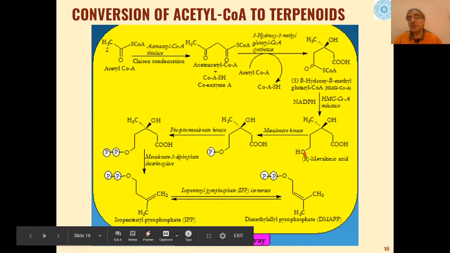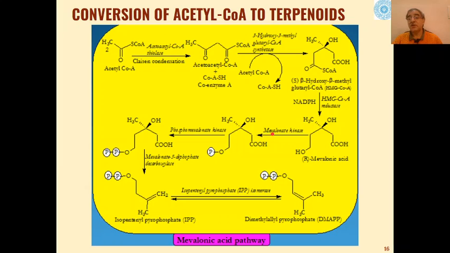In the first case, R mevalonic acid will react with mevalonate kinase enzyme, and phosphorylation of this OH group will take place, and we will get a phosphate of this alcoholic functional group. Then in the presence of the enzyme phosphomevalonate kinase, another phosphate group will get attached to this, and we will get diphosphate of this mevalonic acid.